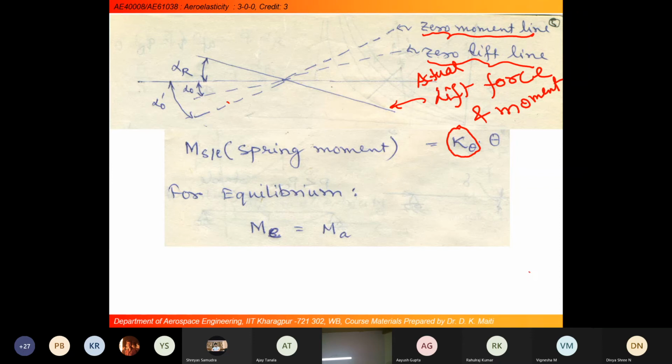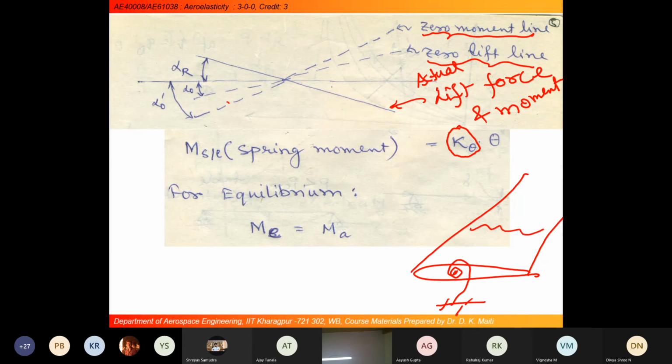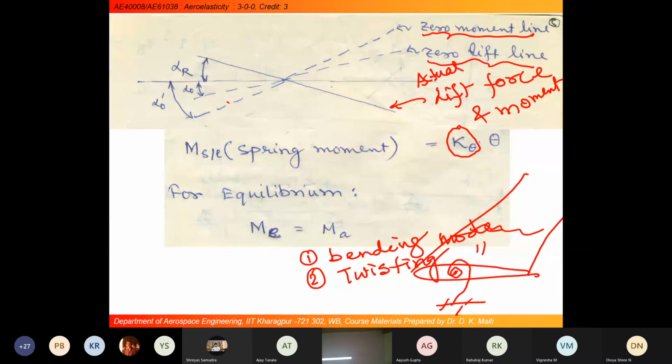In this, the wing may have a bending mode, and when it is deforming it can have a twisting mode. In our aeroelasticity calculation, bending is actually not that important. The twisting mode is more important in our static aeroelastic calculation.